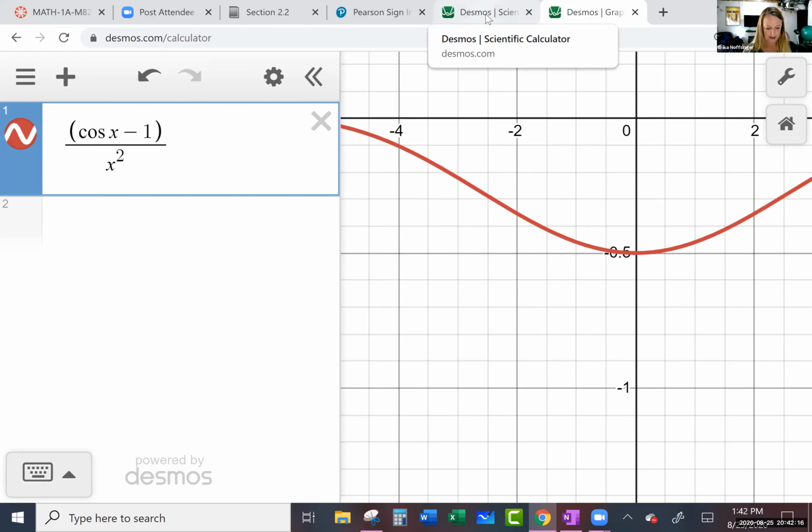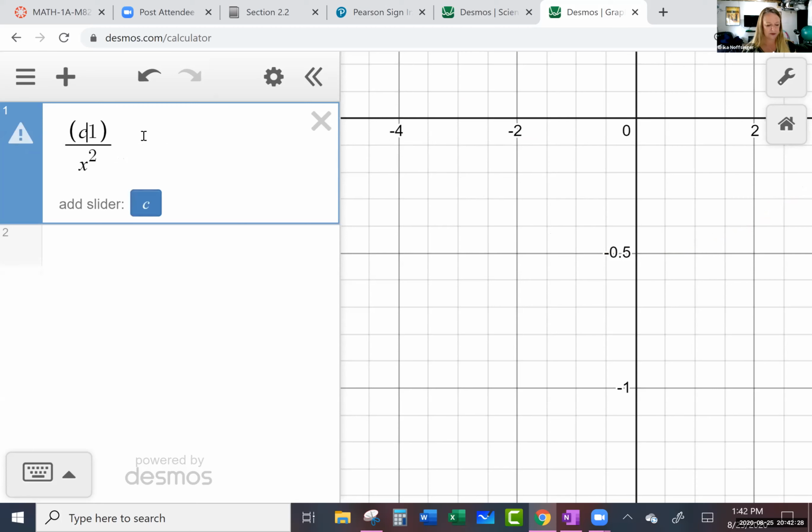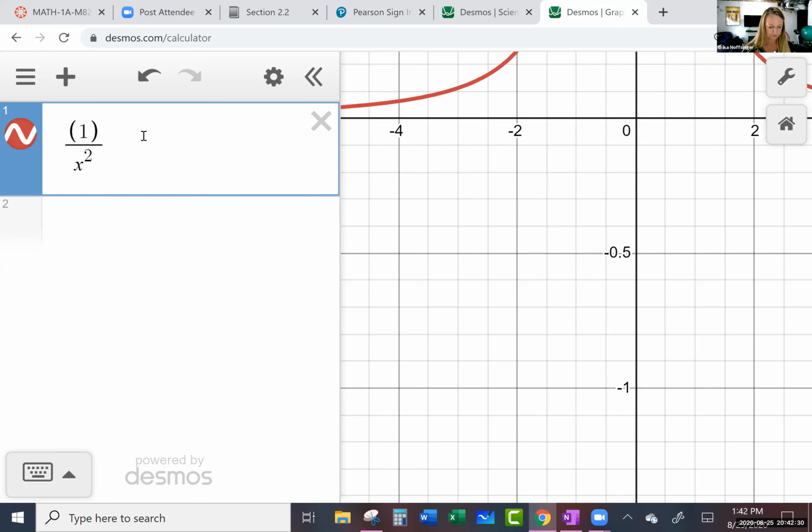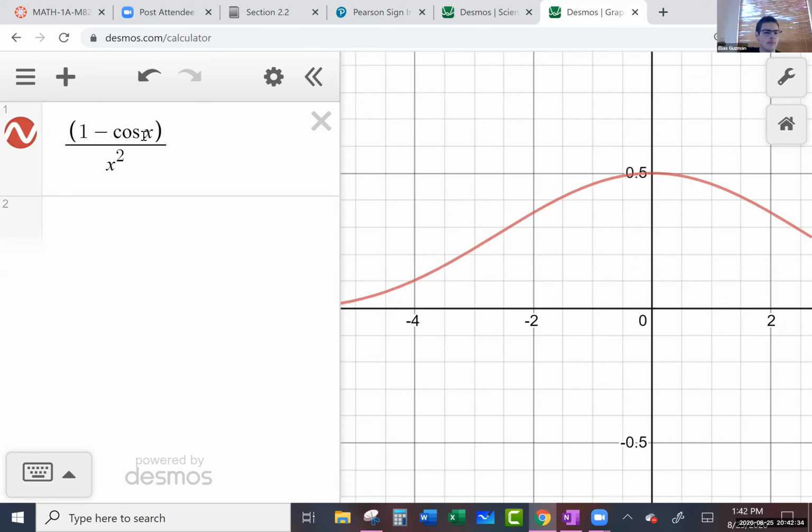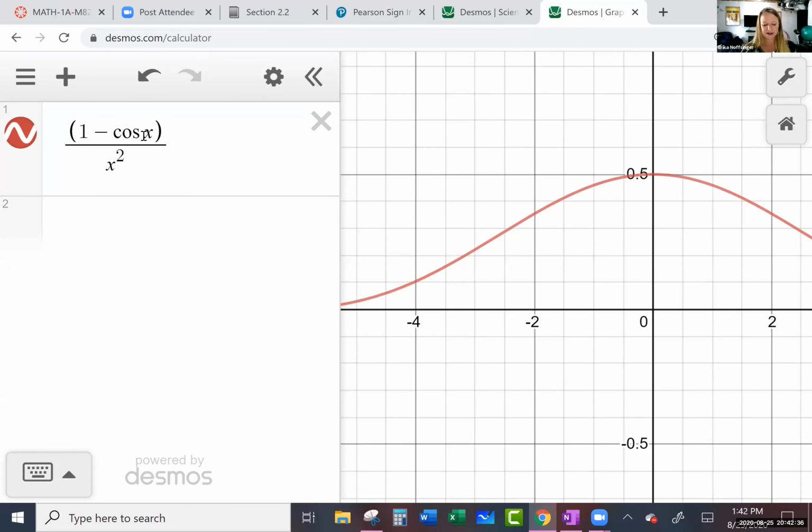Isn't the 1 a positive? Did you say yeah? Yeah, it's 1 minus cosine x. There, that could be my problem. Okay, so 1 minus cosine of x. This gives me this right here, and it's approaching 0.5. Let's go back.